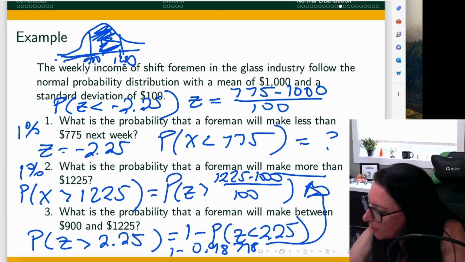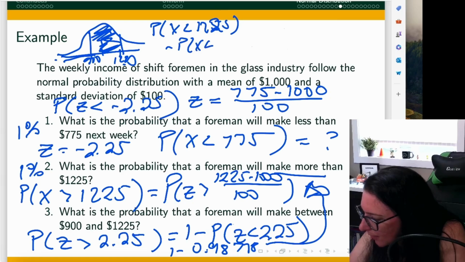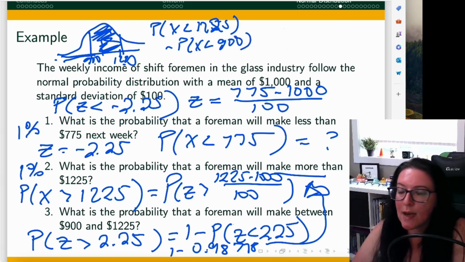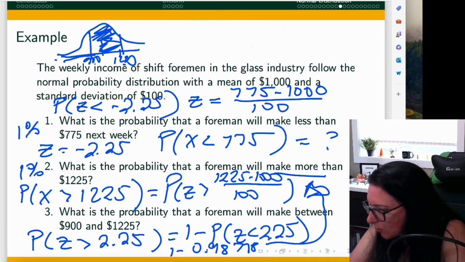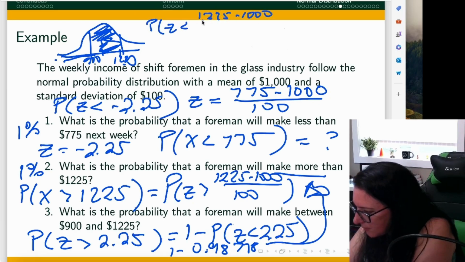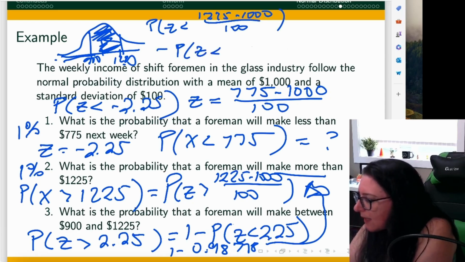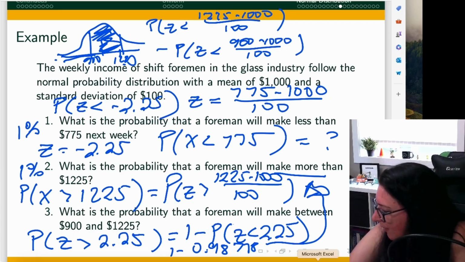So if we take the probability that x is less than 1225 and subtract the probability that x is less than 900, we'll get this area that's in between. To do that, we got to turn these into z-scores. So let's do this. Probability that z is less than 1225 minus 1,000 divided by 100, and then we're going to subtract from that the probability that z is less than 900 minus 1,000 divided by 100. Okay, so let's find what those are.